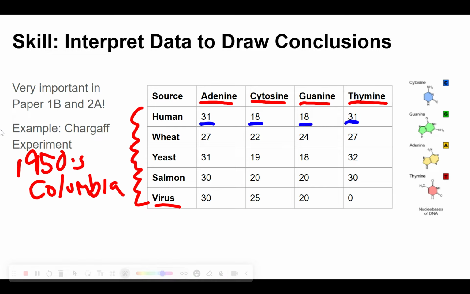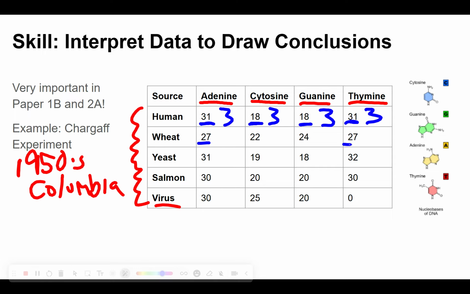So the conclusion you could draw is that in some way adenine and thymine are paired up together, important to each other, and cytosine and guanine are paired up together, important to each other. This is present in all of the samples.